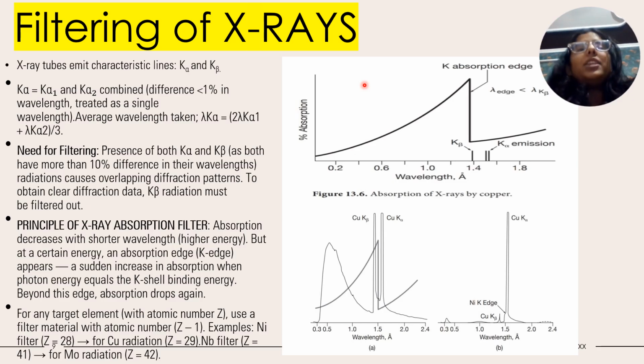This ensures that the beam we use for diffraction behaves as if it's truly monochromatic, giving sharp and reliable diffraction data. So the key takeaway from here is that filters make our X-ray source effectively monochromatic by removing the unwanted K beta, allowing only the strong stable K alpha radiation to reach the crystal.